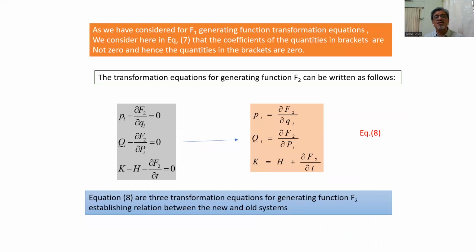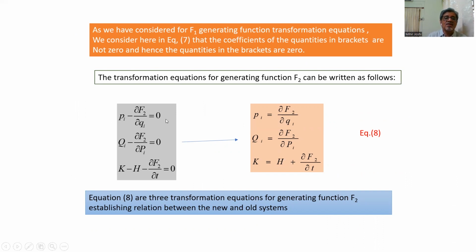Now, as we have considered in the f1 generating function, we consider here in equation 7 that the coefficients of quantities in brackets are not 0, and therefore the quantities in brackets are 0, and therefore we have a set of new transformation equations.